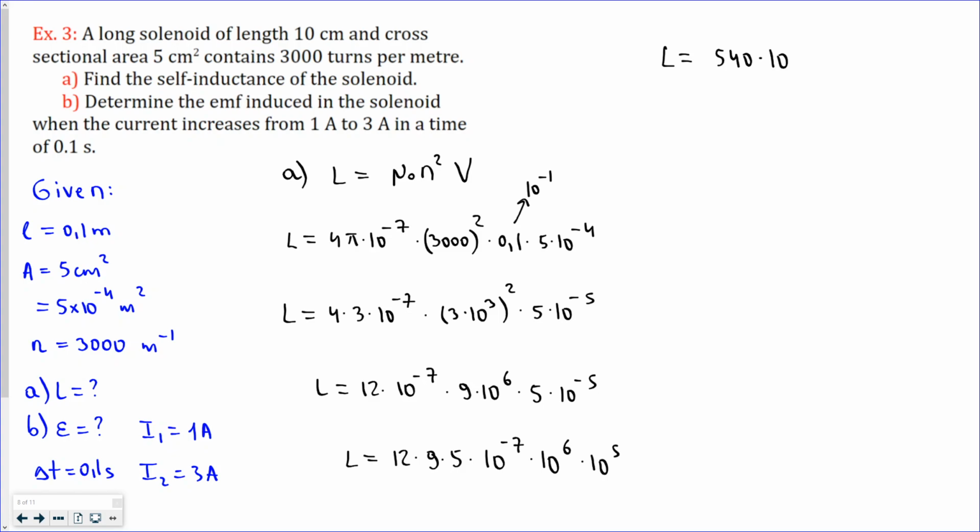Minus 7 plus 6 is minus 1. Minus 1 plus 5. Sorry, this is minus 7 plus 11, not 12. So that's why it is 4. And we can write as follows. Finally, it's 5.4 times 10 to the power 6 Henry.